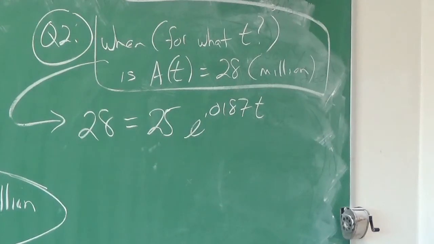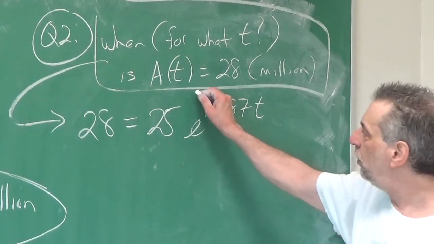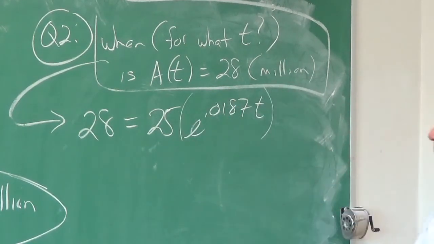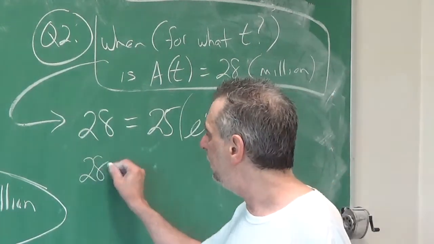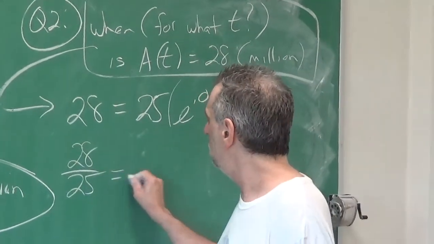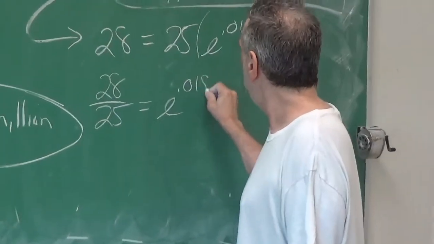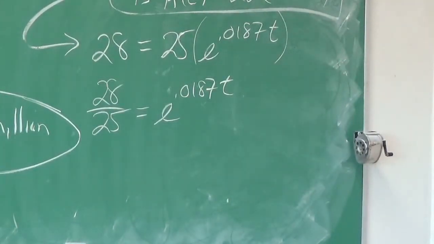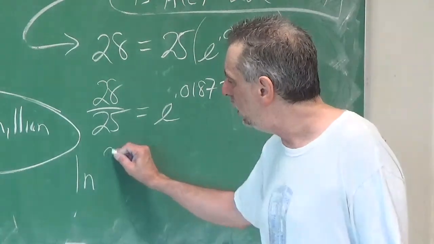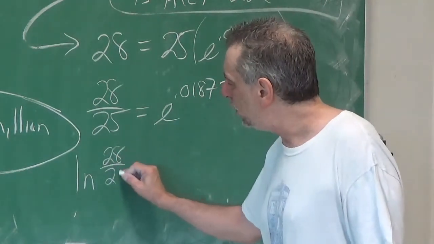It's a one variable equation. It's an exponential equation. So we go through our methods for exponential equations. We want to isolate the term that has the unknown in it. So we'll divide both sides by 25. And now we have that nice setup where we can take the natural log of both sides of this equation. Natural log of 28 over 25.